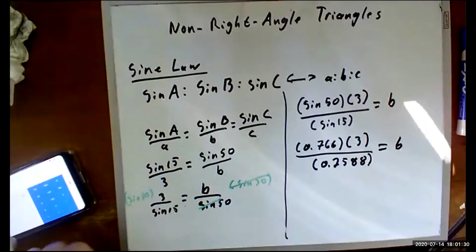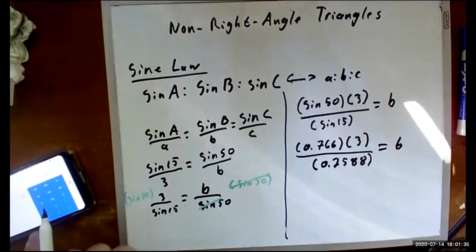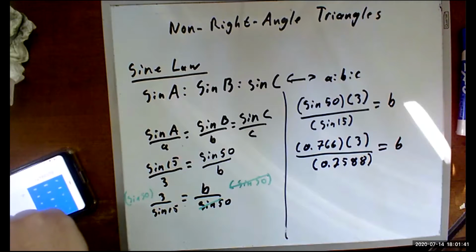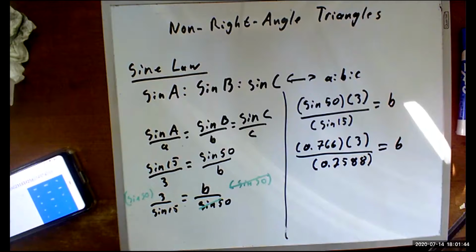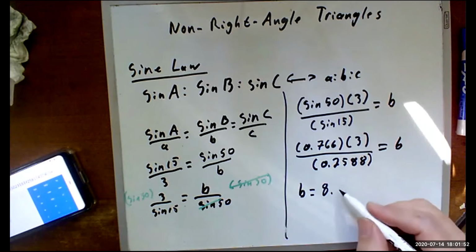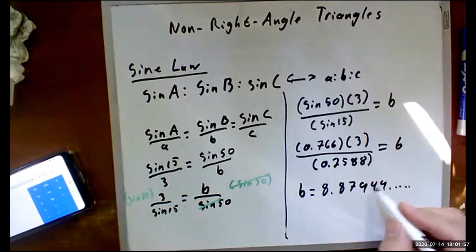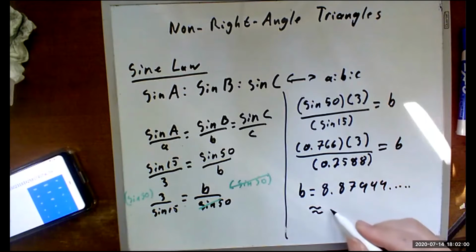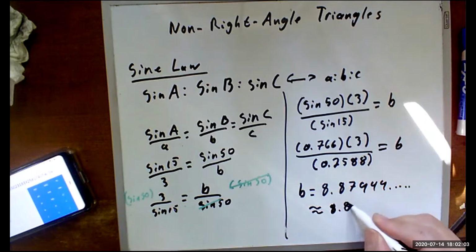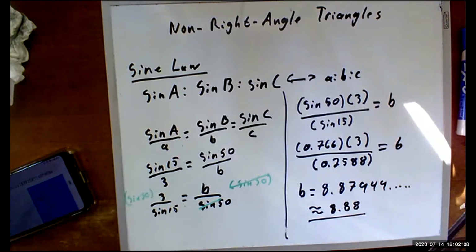We actually multiply these things all out. So 0.766 times 3 divided by 0.2588. And we end up with a number that says that it's 8.87944, and the numbers keep going on forever. We're going to approximately round this down to 8.88. And that's a satisfactory answer.